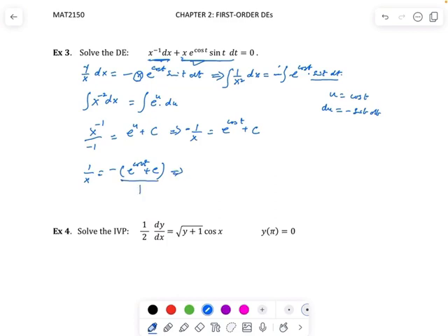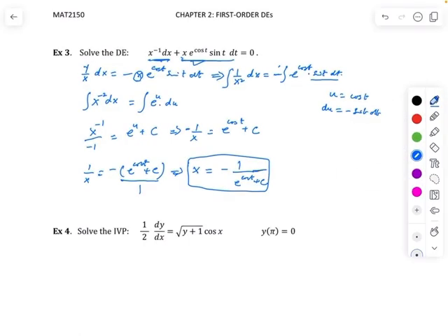So x equals negative 1 over e to the cosine t plus c. So that is our answer. That is the solution. So remember, c is at the bottom.